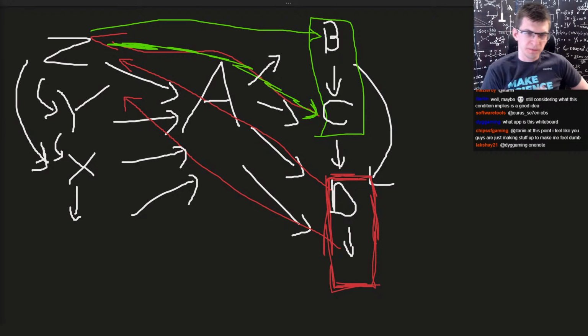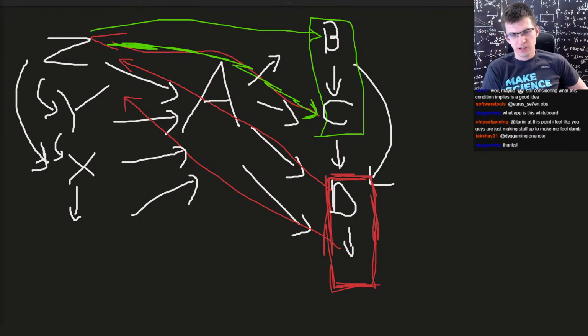I think this is good. Now, what about Y? Vertex Y. What can be the connections?